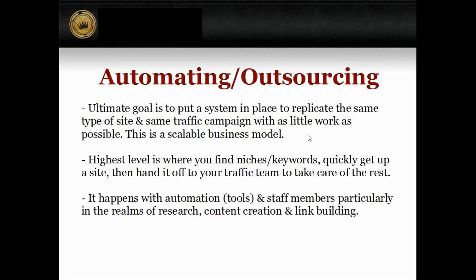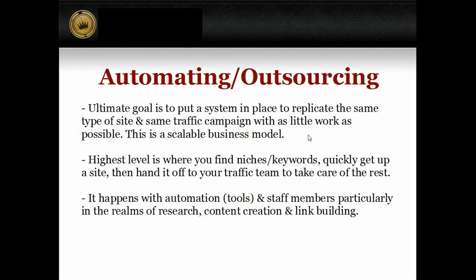The way that happens, like I said, is with a combination of automation, which is tools, and outsourcing, which is staff members, particularly in the realms of research, content creation, and link building. So that's people to help write your articles once you've provided them with a very detailed formula of exactly how your article has to be. That's people to help with your link building. And depending on where your own skill set and preference lies, possibly even in research too.